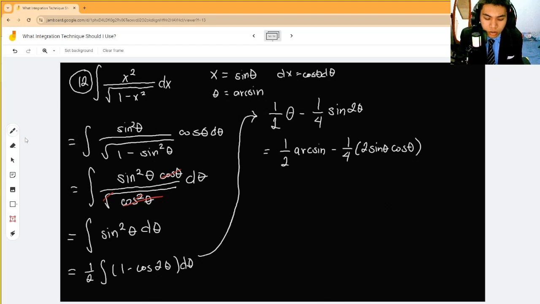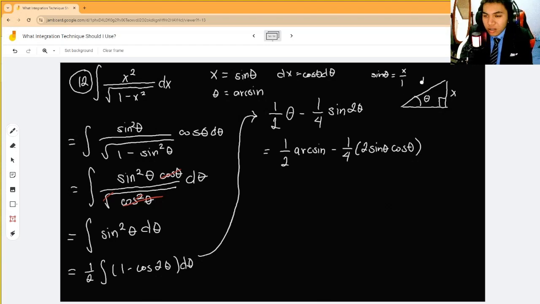And I think, do we actually need to put a right triangle? Actually, let's just do it. Let's put a right triangle here, just for the sake of it. When you have an angle theta right here, we know that sine theta is equal to x over 1, opposite over the hypotenuse.